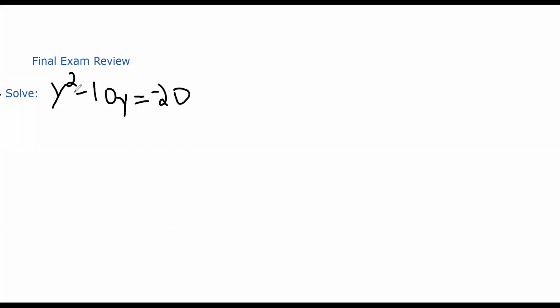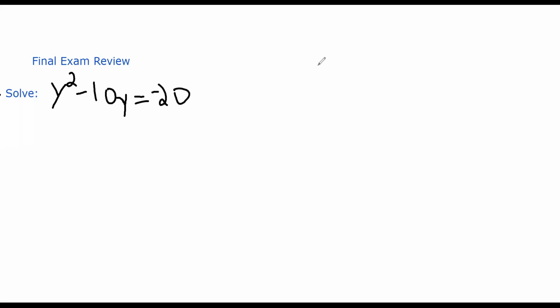This is clearly a quadratic because as you can see, we have a squared variable in there. We have a variable to the regular first power. We have a constant. One thing we like whenever we solve quadratics, unless we're going to use completing the square, we like everything to be on the same side of the quadratic.